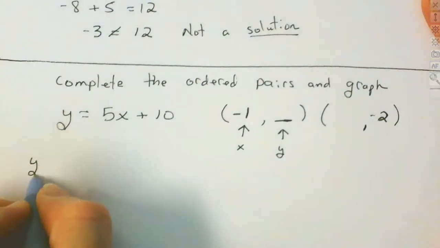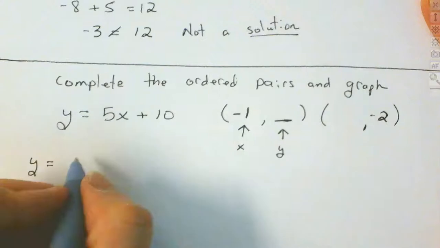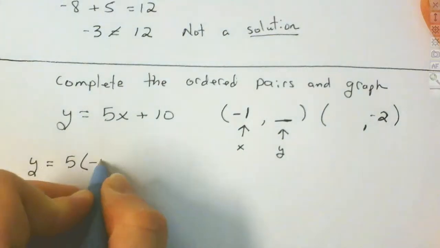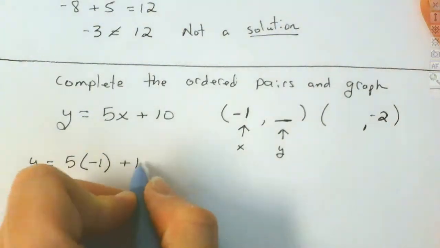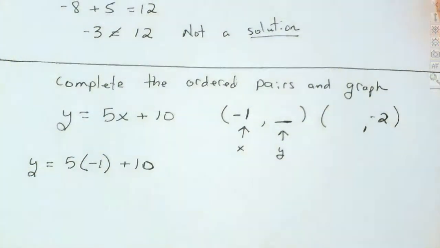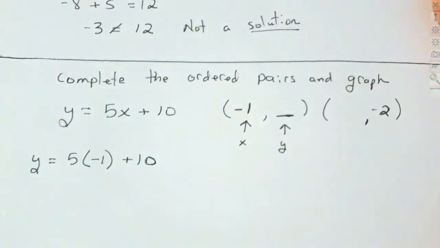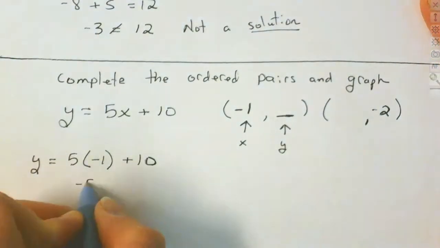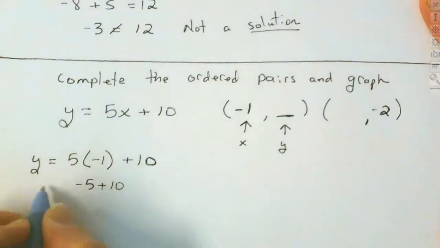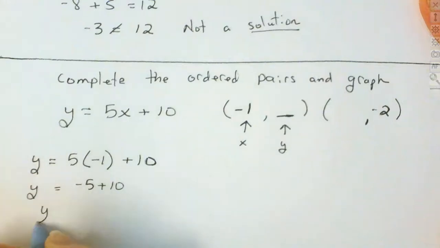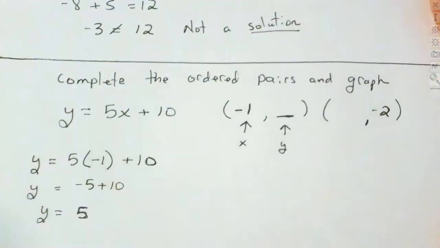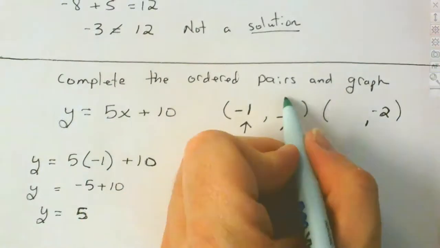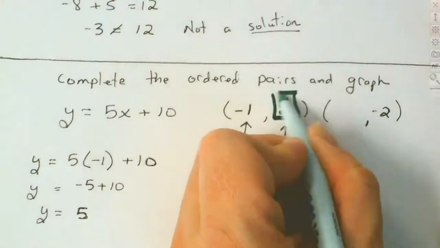We get y equals, because we're finding that, 5 times a negative 1 plus 10. All right? And 5 times a negative 1, that's a negative 5, plus 10, well, that gives you y equals now what? Positive 5, doesn't it? So there's that component, which is your 5 there.